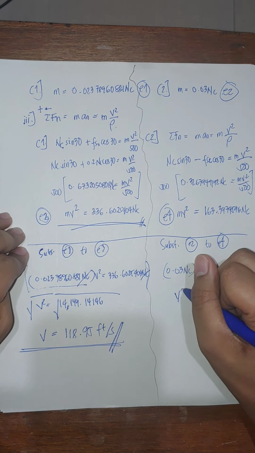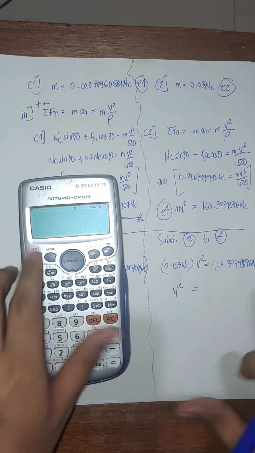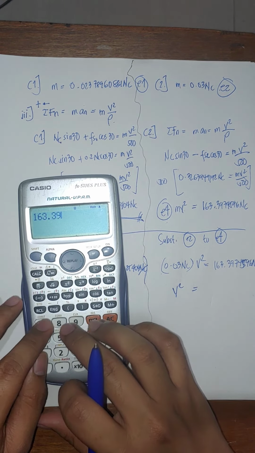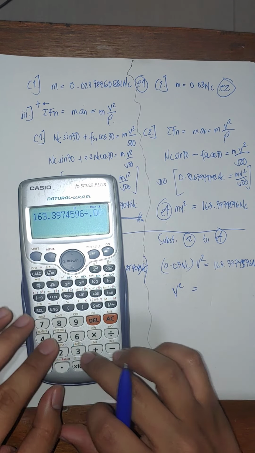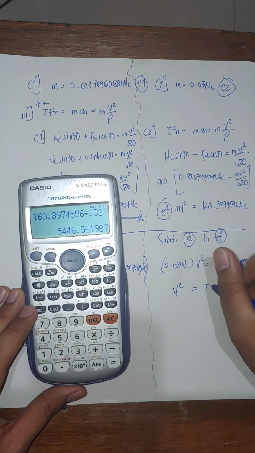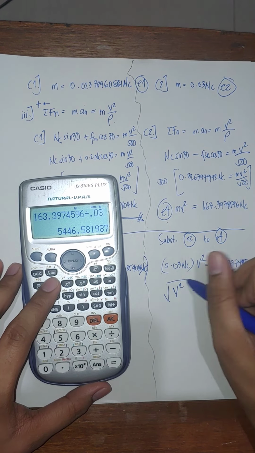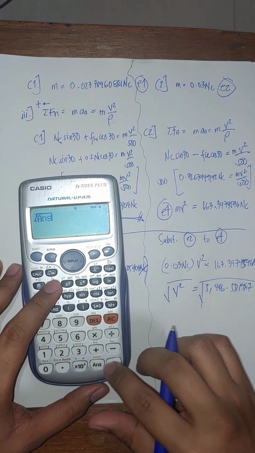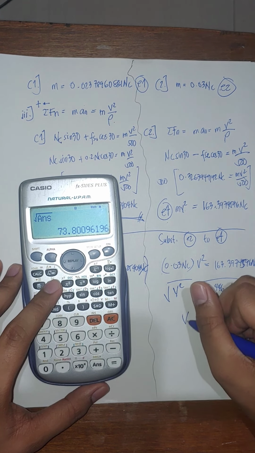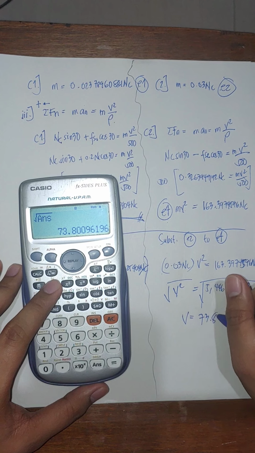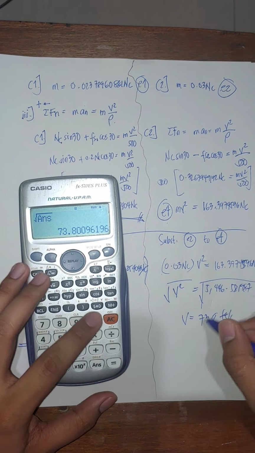So we have v squared is equal to 163.3974596 divided by 0.03, which is 5,446.581987. Extract the square root, and we will have a velocity equal to 73.8 foot per second.